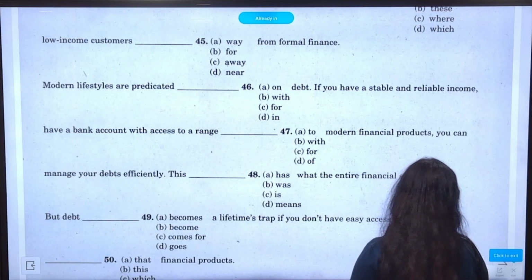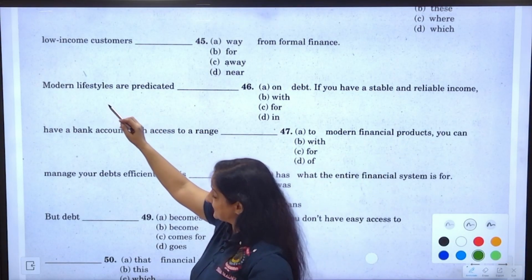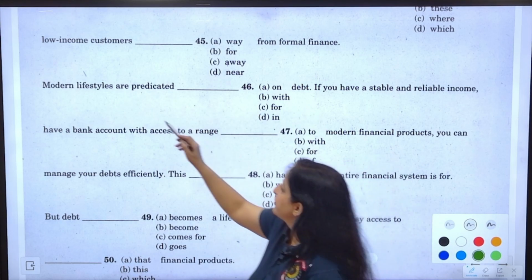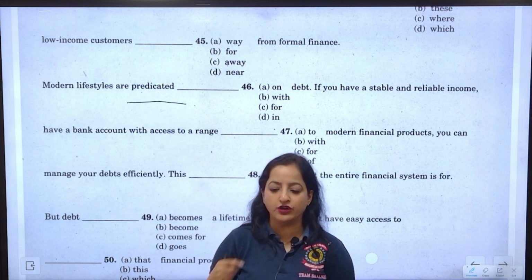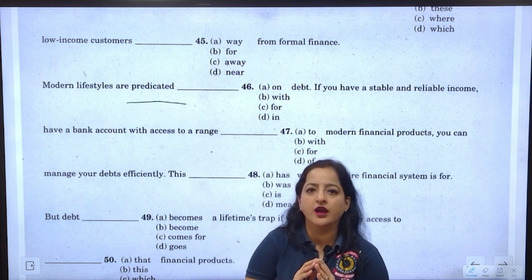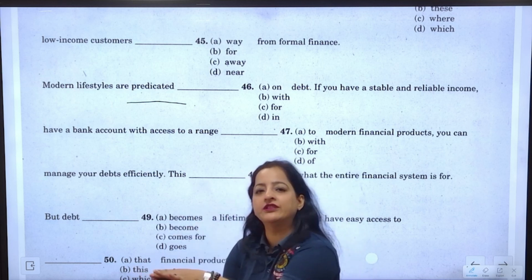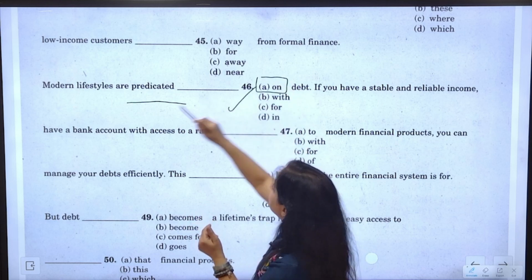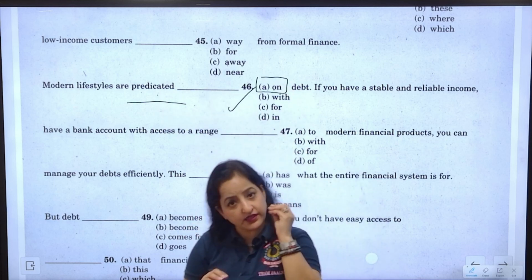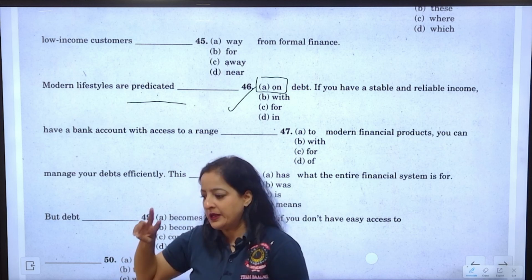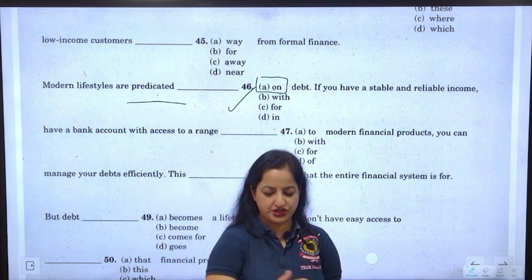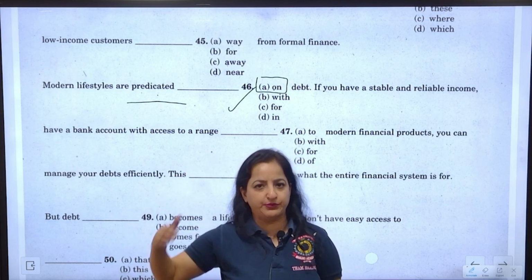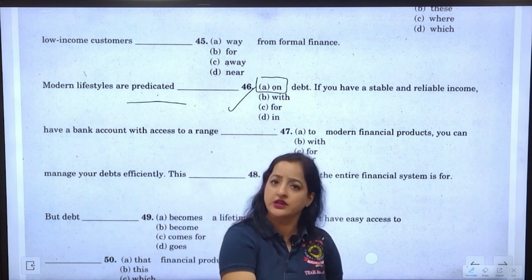Modern lifestyles are predicated. Now what do you think? For that you need to know this word, so let me clarify. What's the meaning of the word predicated? If one situation is predicated on the second situation, it means the second situation is not possible, it is not going to happen, if the first situation is not true.